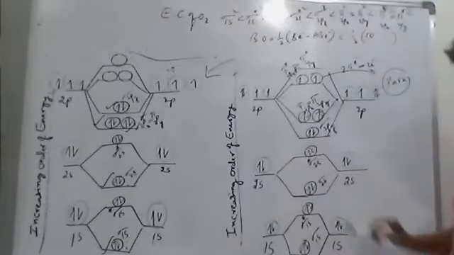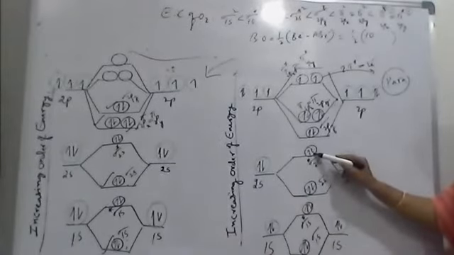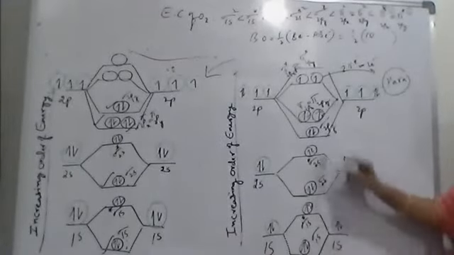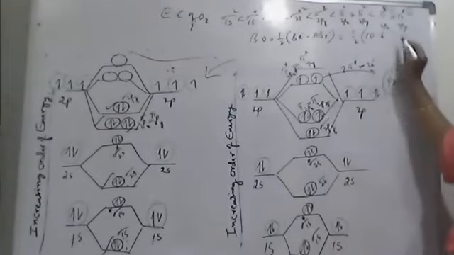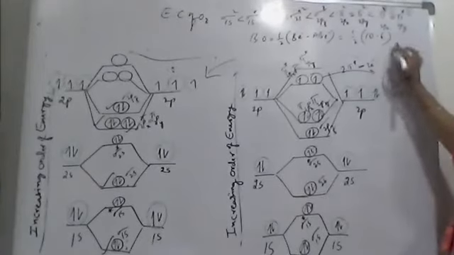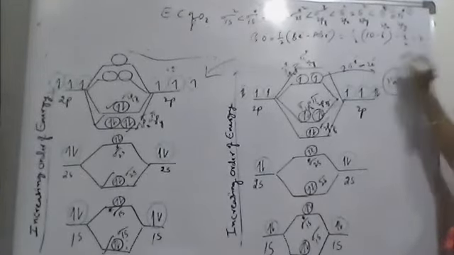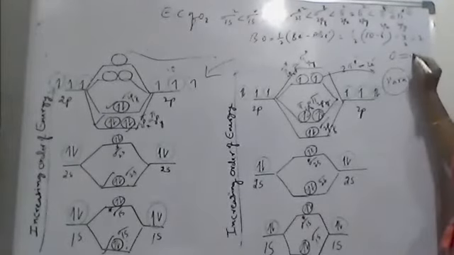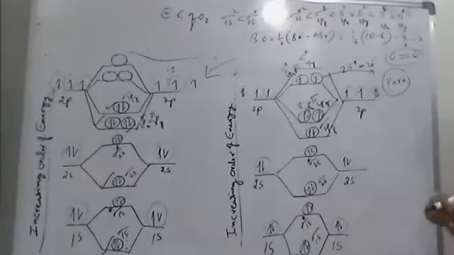Then the antibonding upper ones: 1, 2, so 2 into 2, 4. Plus these 2 unpaired electrons, also antibonding, 6. So what is the value? 10 minus 6, 4. 4 by 2, that is 2. It means between the two oxygens in the O2 molecule, there is a double bond.